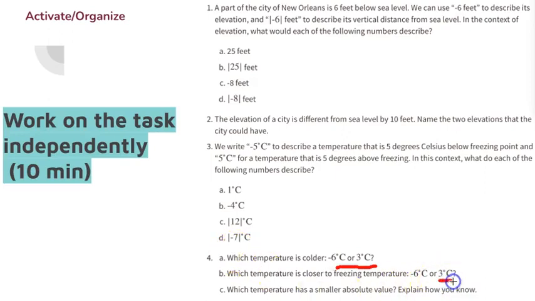The 3 is actually closer to the freezing point because it is closer to 0. And if you look at the absolute value, that's going to tell you that absolute value of -6 is 6 degrees away from 0, whereas the absolute value of 3 degrees is just 3 away.